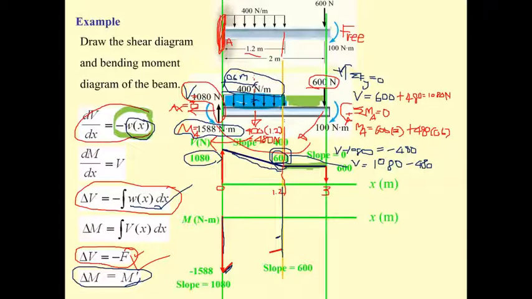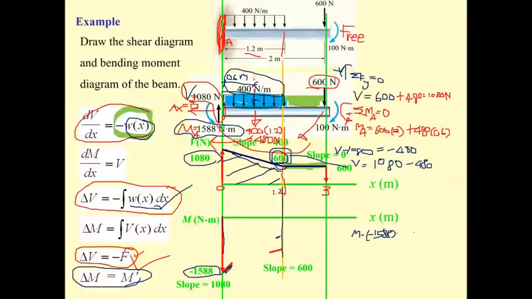What is the value of moment here? The moment here is minus 158. And the moment at this point minus the moment at this point is equal to the area of the shear diagram between those 2 points.